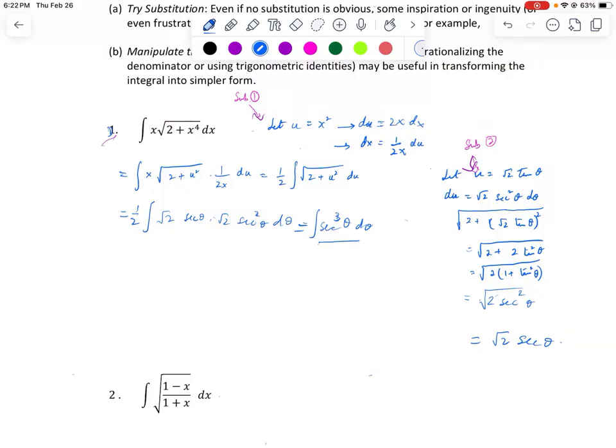Towards the end of this section, I have the integral of secant theta and the integral of secant cube theta. That's what we will do at the end, and then we will come back to this problem one and complete it. So let's look at number 2 here, down here.